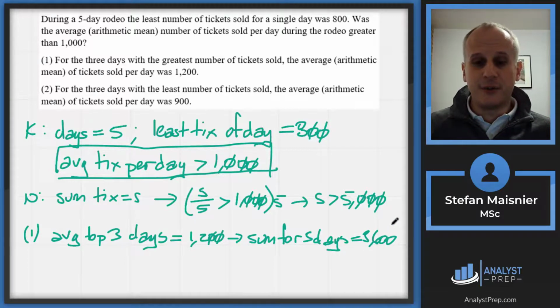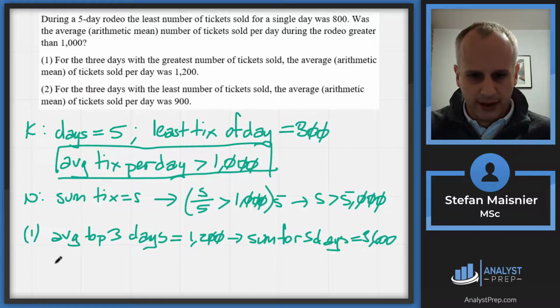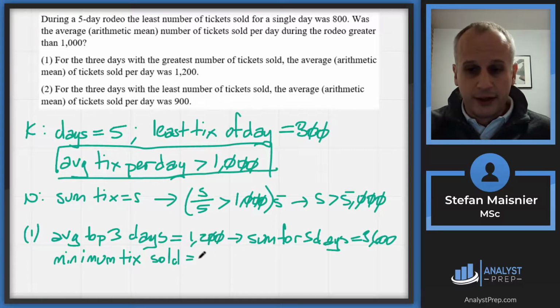And now, since we know that the least number of tickets per day is 800, that means that our minimum of the tickets sold is going to be equal to 3,600 plus 800 plus 800.